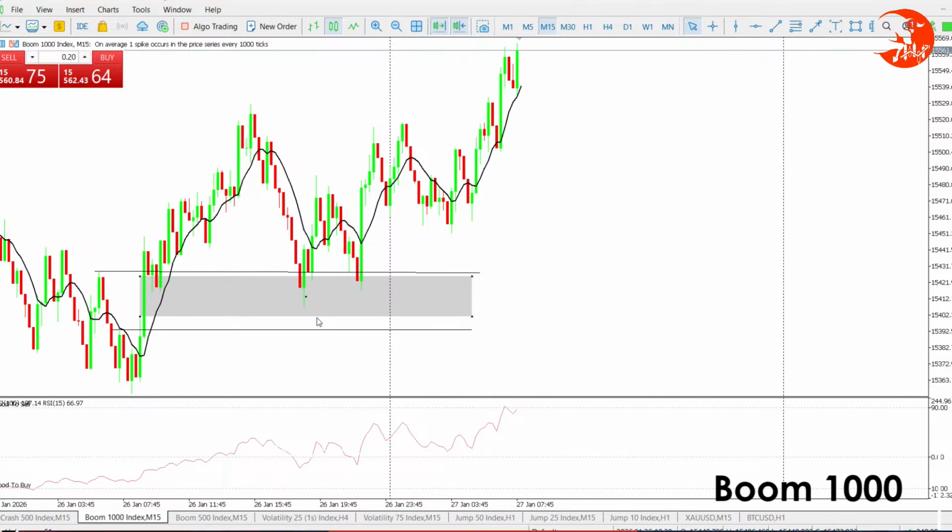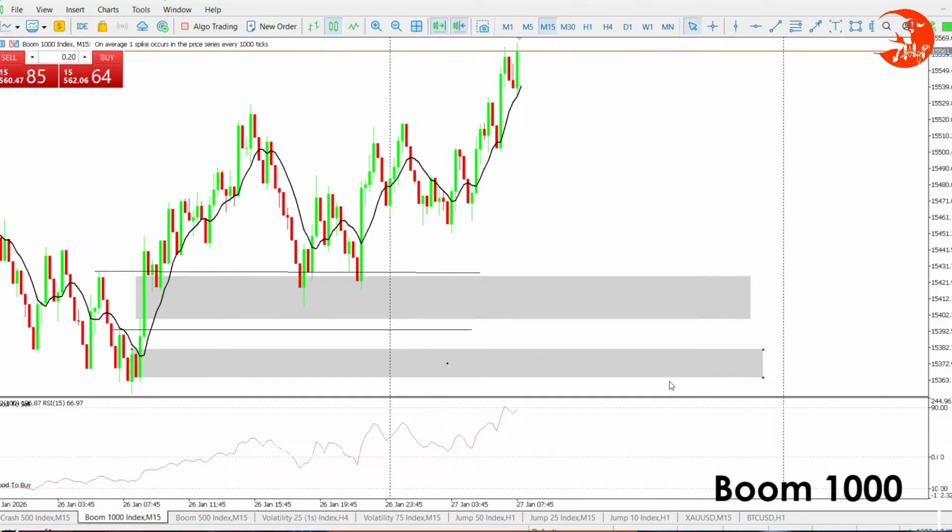Now most of the times the momentum, this right here, of course it is now a support right there. That becomes a support area. This fair value gap becomes a support area. Price has reacted to it several times, but it can also break and come to this other order block right here on M15.